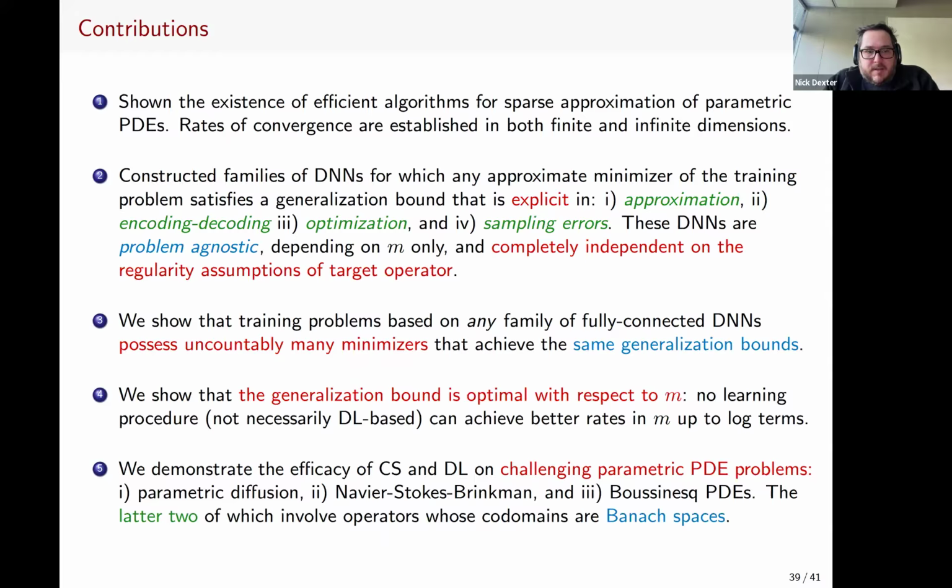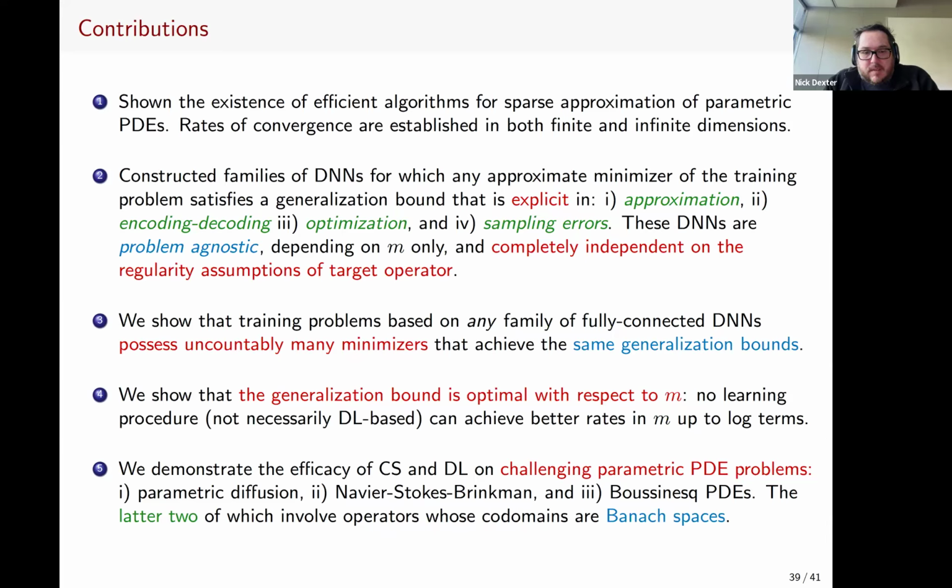These DNNs are problem agnostic, depending only on M, and completely independent of the regularity assumptions on the target operator. We also show that training problems based on any family of fully connected DNNs possess uncountably many minimizers that achieve the same generalization bounds.